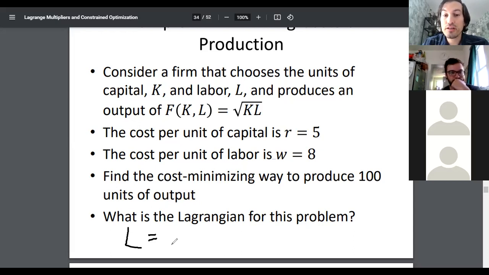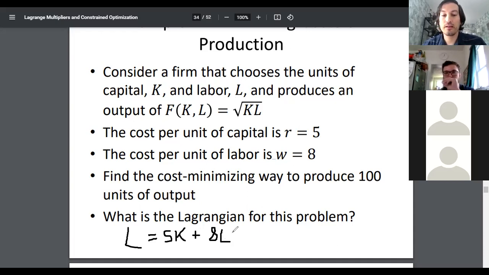How do you measure cost? Well, I know the per unit cost of capital is 5. So I take 5 times K. That's the cost of capital, 5K. What about the cost of labor? That's 8 times the units of labor. That's L. So 5K plus 8L. That is the objective function. The thing I'm trying to minimize is 5K plus 8L.